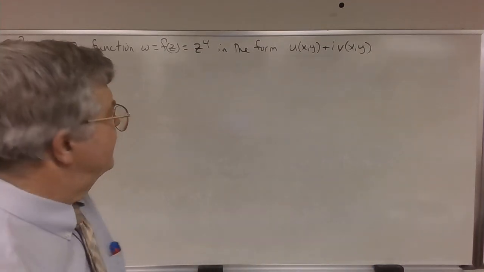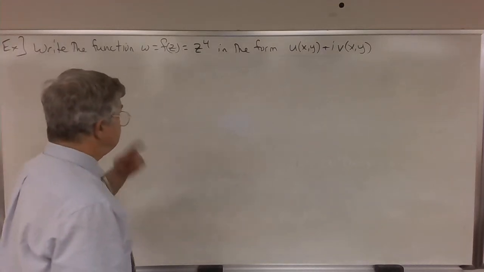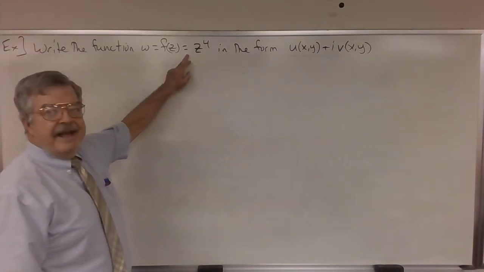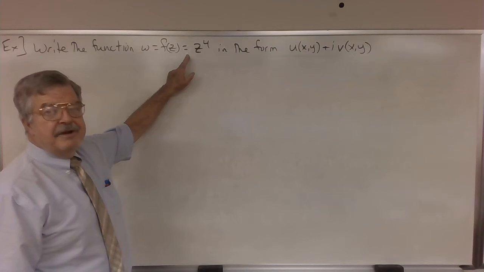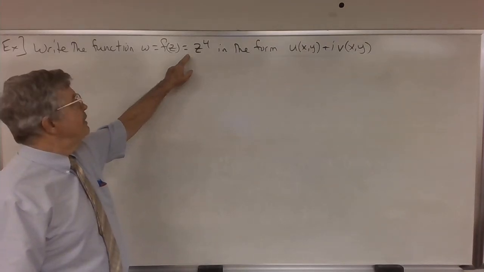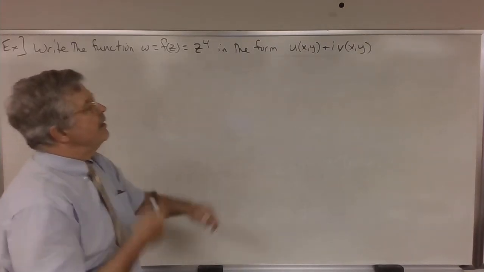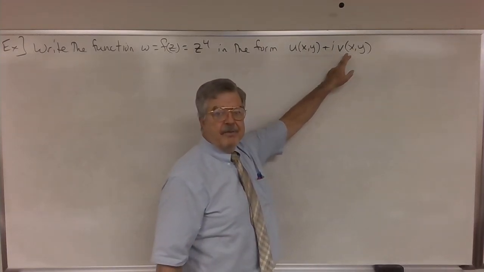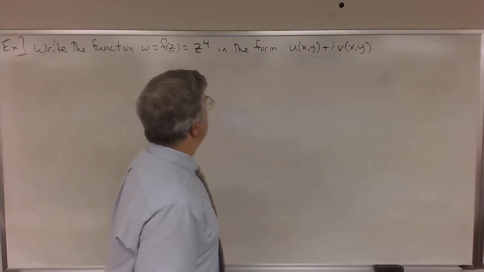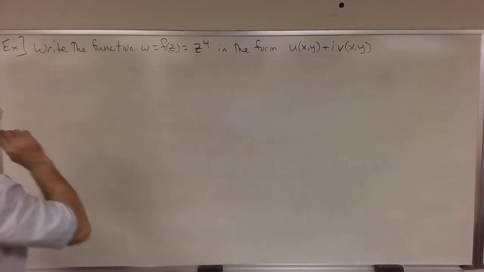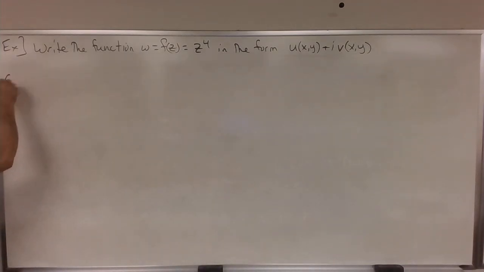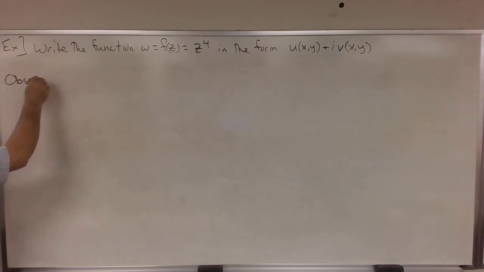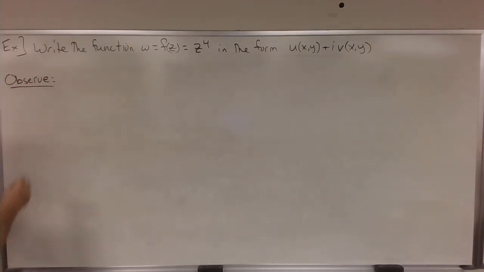Okay, let's take this function and write it as u, some function of x and y, which is the real part of this function, plus i times v, the imaginary part of this function, where v is also a function of x and y. So here's what I think I'll do.